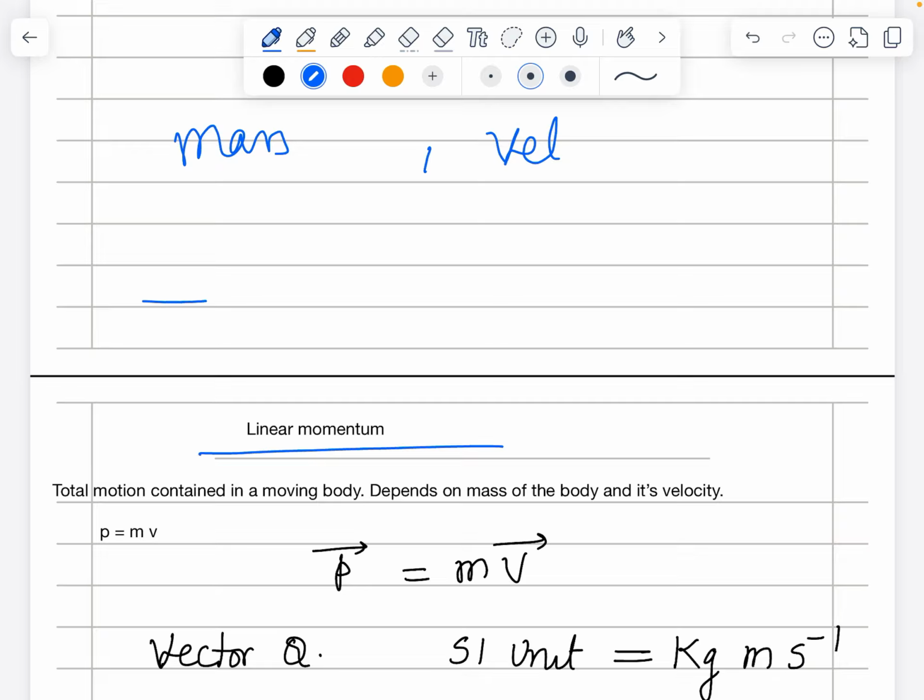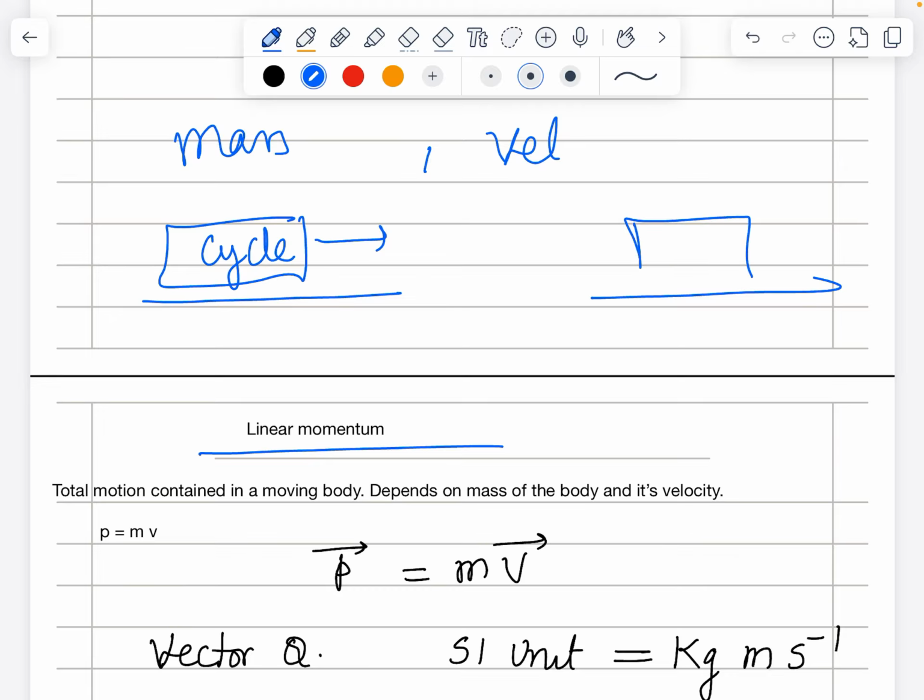And this you can experience from this example. Suppose there is a bicycle which is moving with 1 meter per second. There is a truck which is moving with 1 meter per second. Both are having the speed 1 meter per second.